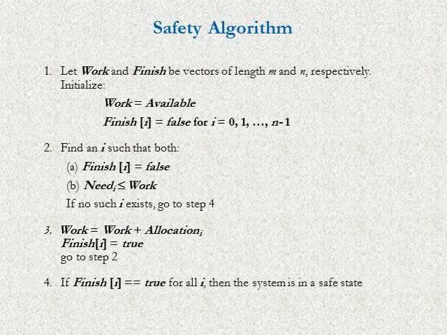And then we move on to all the other processes one by one, verifying every time that their need is less than the available resources in the system. And once we can find a sequence of processes that can complete their execution in the current availability, we declare the system in the safe state.